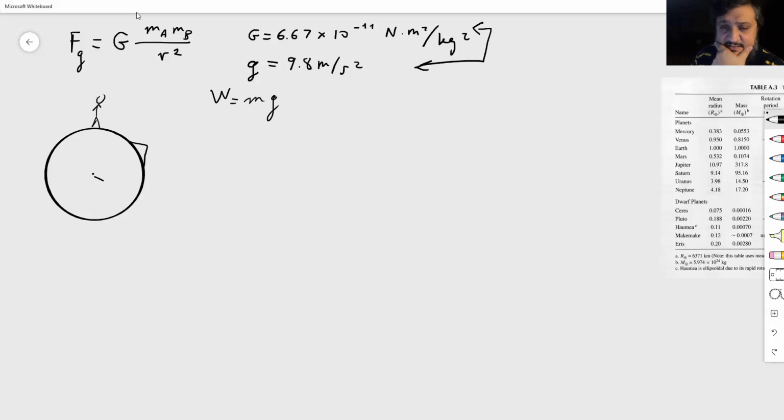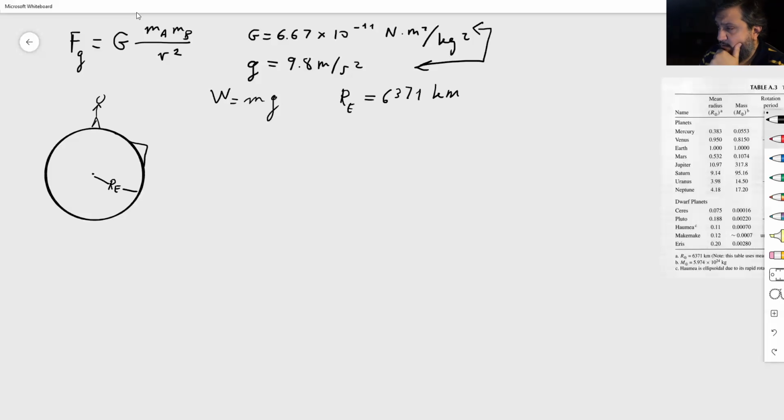Earth has a radius equal to RE. I have a table here for the radius of the Earth. It says a mean radius, 6,371 kilometers. Not the equatorial radius, but mean radius. It's okay, we can use it. So you're standing here.